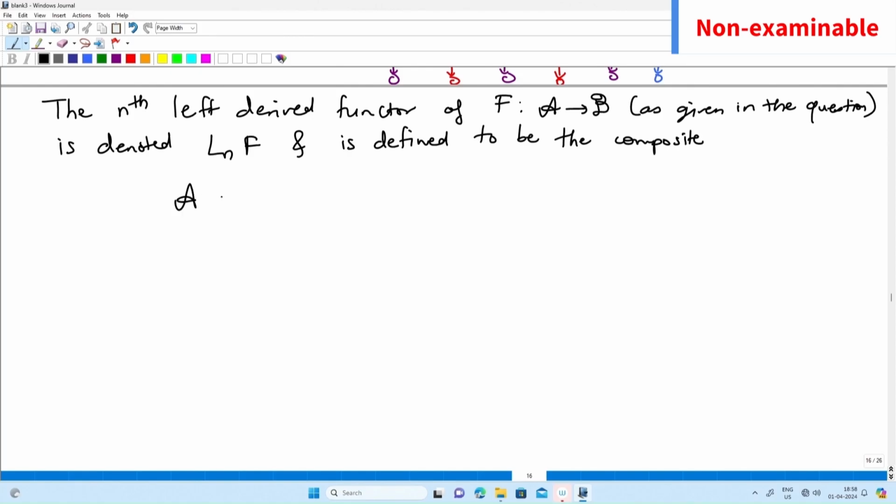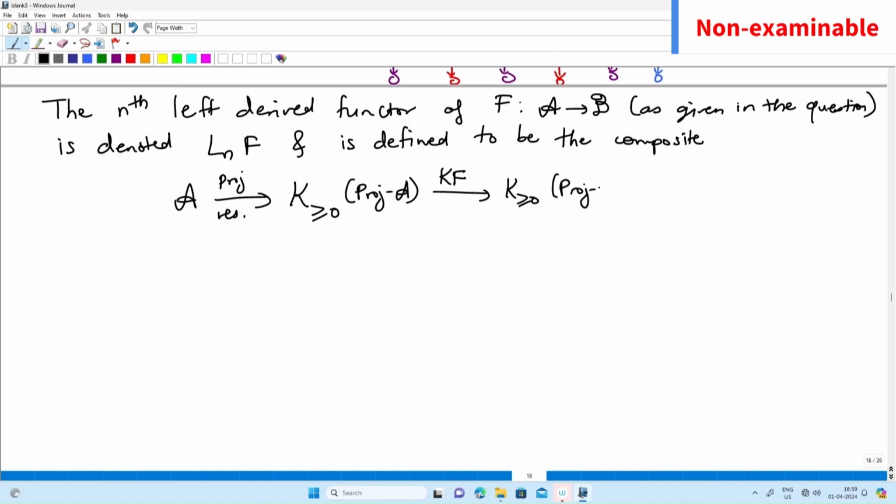Okay, first start with A, then you take the projective resolution. Where do you map the projective resolution? You map into this, k greater than or equal to 0, proj A. Then over here I apply kf. Then I will get k greater than or equal to 0.